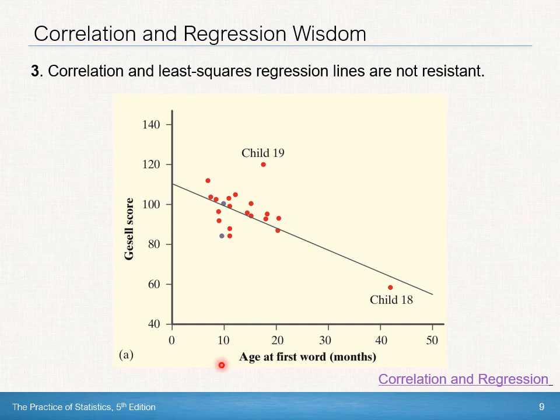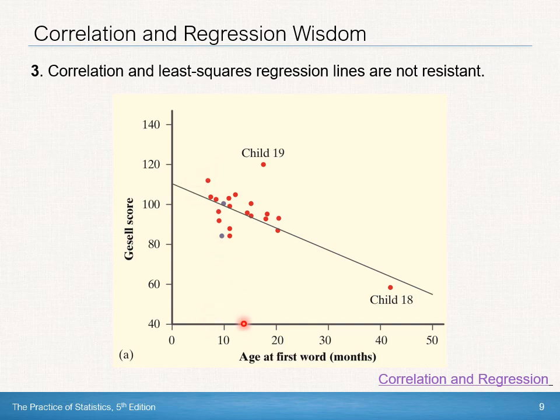So this is the age in months at which the child said their first word, and then a score on a test later on, right? So they're asking, can the age in months when the child said their first word be used to predict the score? If they were much younger when they said their first word, it seems like they have a higher score.